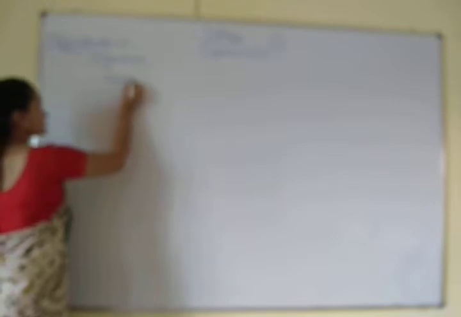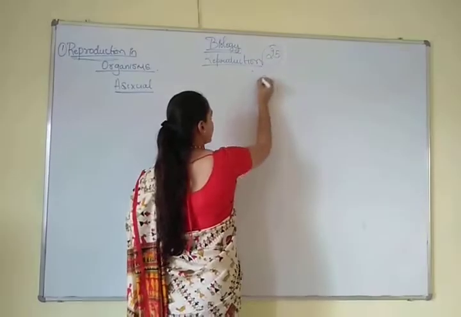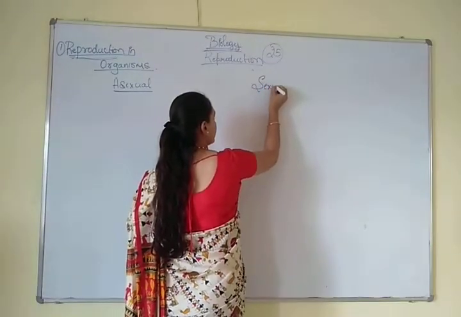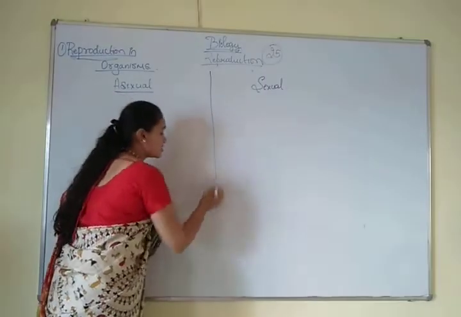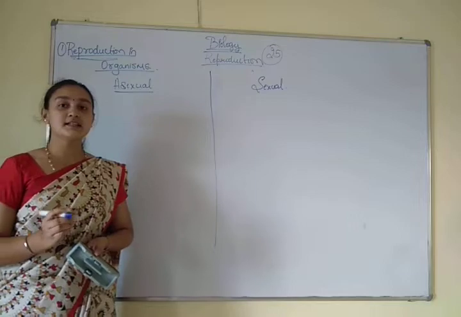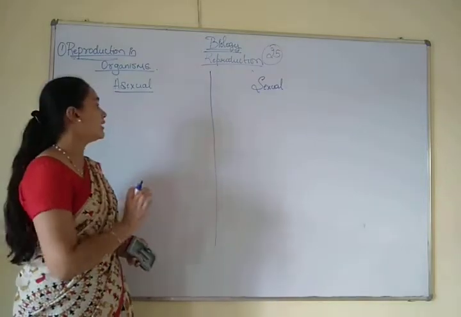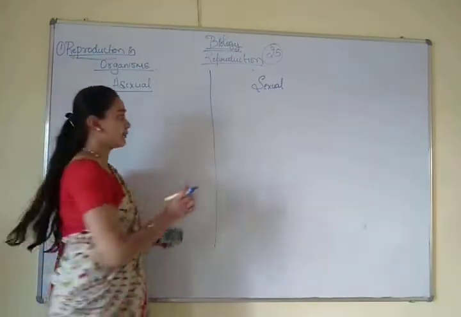Now let's see the two different forms of reproduction. One is asexual reproduction and the other is sexual reproduction. These are the two major forms. Now let's see the general difference between sexual and asexual reproduction.